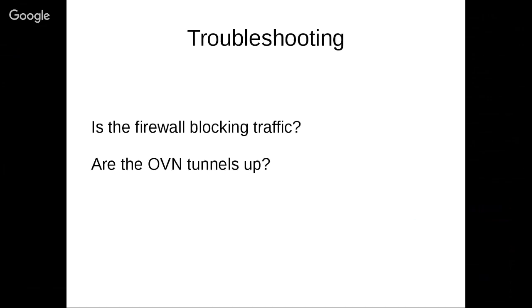The second most popular issue is a problem with setting up the OVN tunnels. If you cannot get pings between your virtual NICs created with the OVN provider, please check if your tunnels are up. Without it, it will not work.